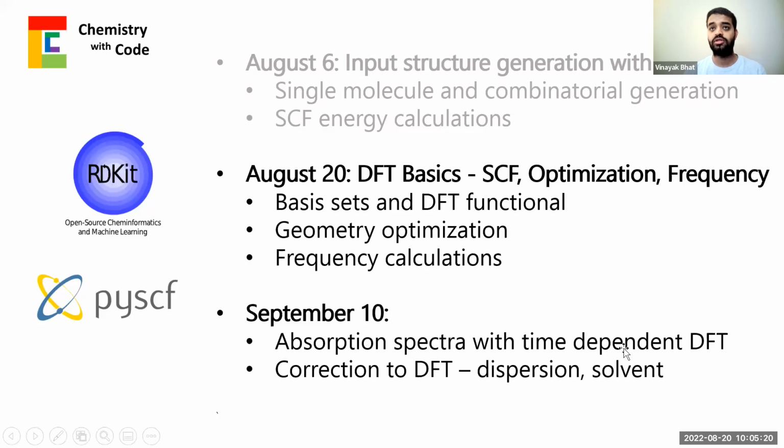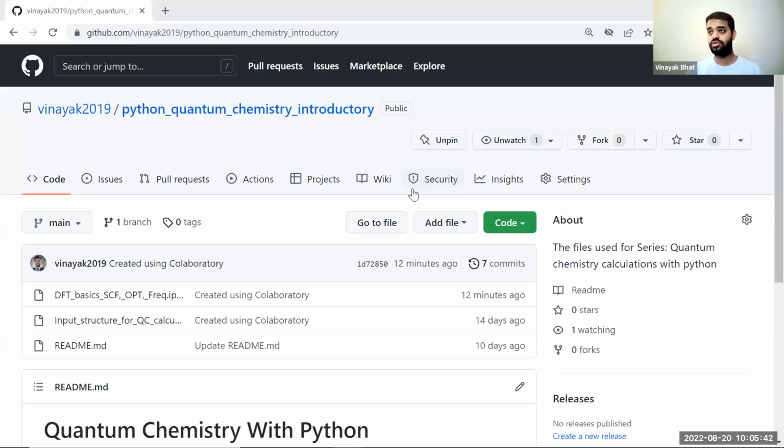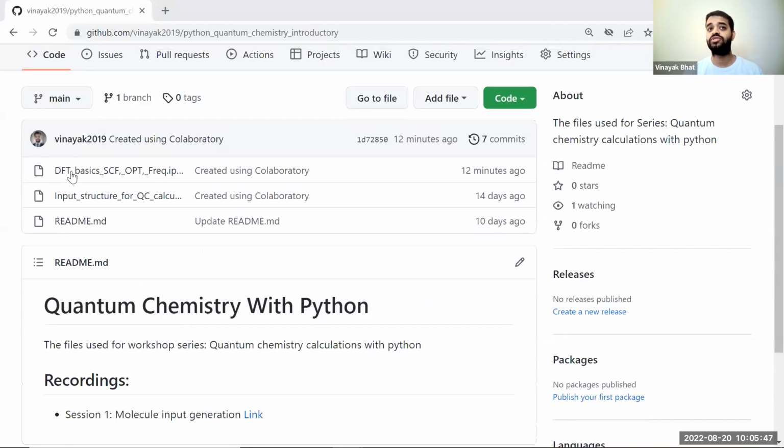So I'll share the link with you so that you can work along with me. There is not too much coding in here, but if you go to that link, you will go to the GitHub page, which has the files necessary for us. This is the notebook that we are going to use, DFT Basics, and this one is the first session.